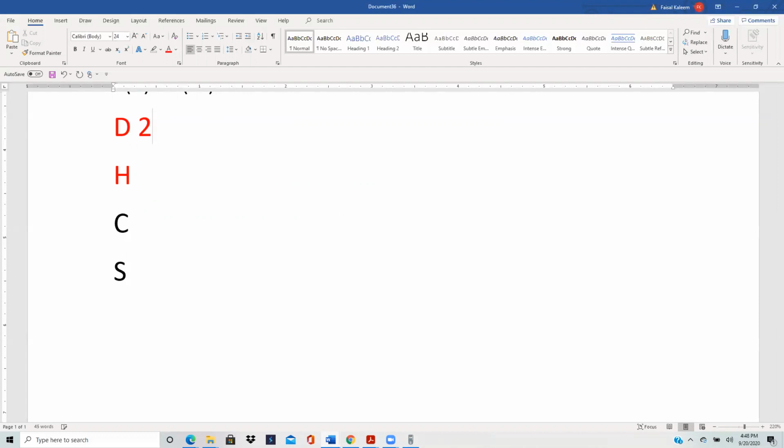They are numbered 2, 3, all the way up to 10. And then we have Jack, Queen, King, and Ace. So that's in all of the 4. It's like that. And the Jack, Queen, King are also called picture cards.